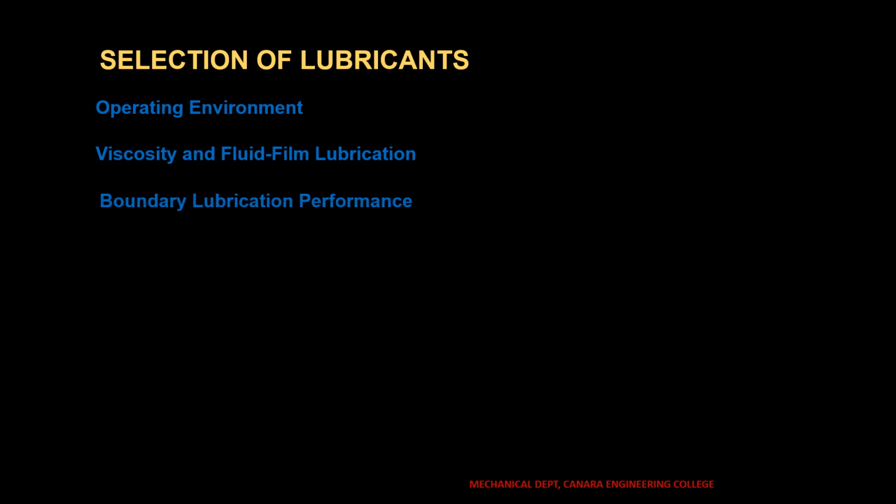Boundary lubrication performance. When metal-to-metal contact occurs between two surfaces in a lubricated contact, the asperities on the surface shear thereby exposing a fresh metal surface. The appropriate lubricant reacts with the exposed fresh metal to form protective surface films.